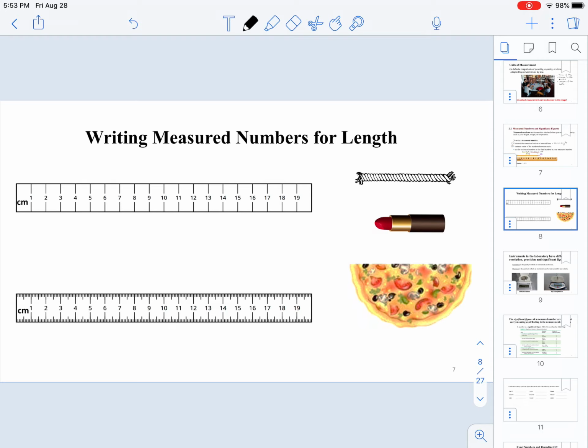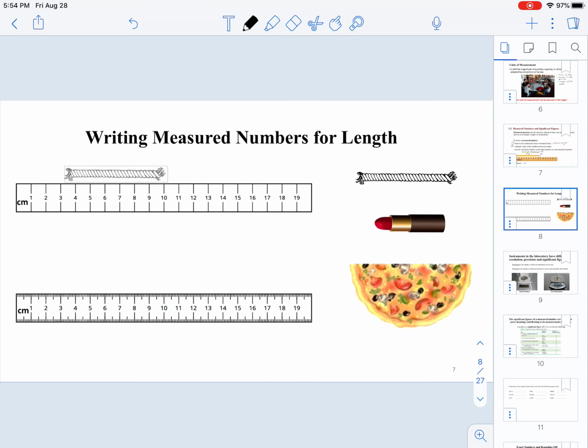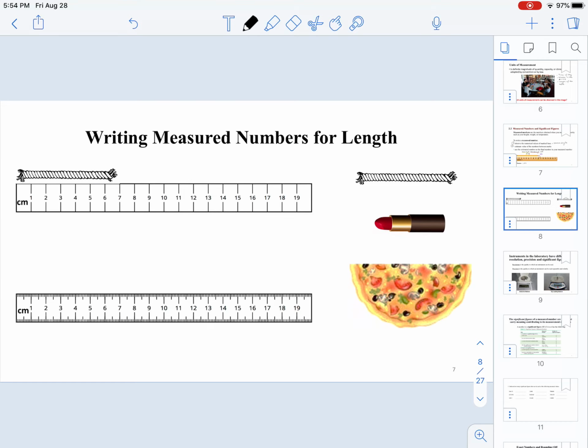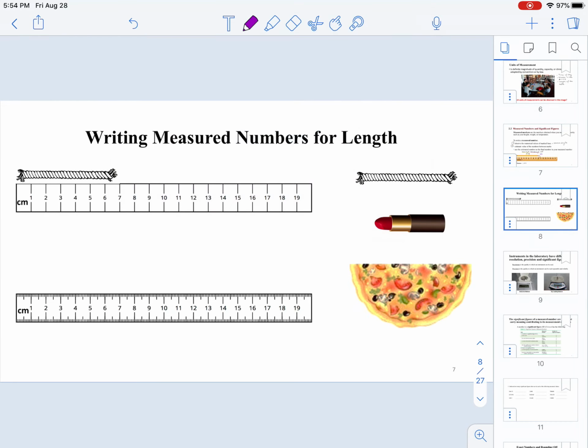Let's say that for the rope specifically, I utilize the top ruler in order to measure its length. So if I select my object and I move it to my ruler, and again, this is just to give you guys an example, I can say here that this object, if I do the same exercise in which I write the dotted line, it is around here.